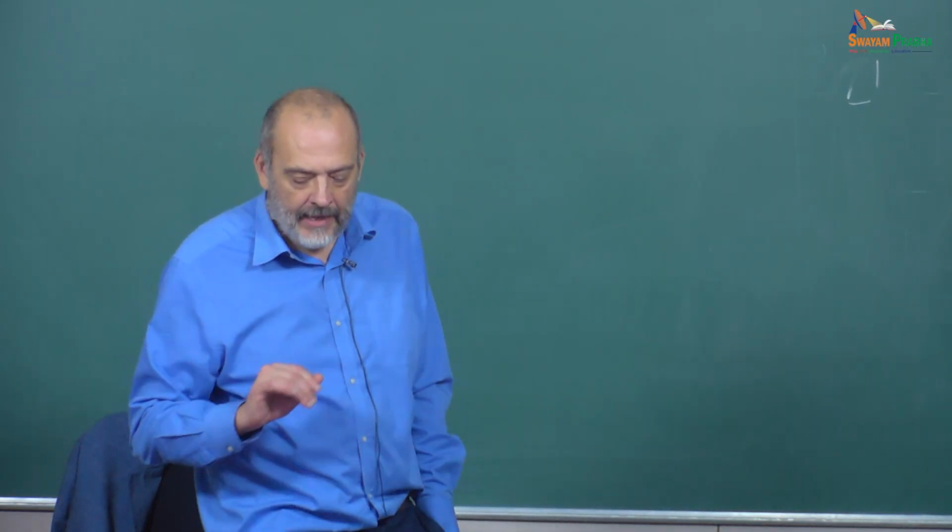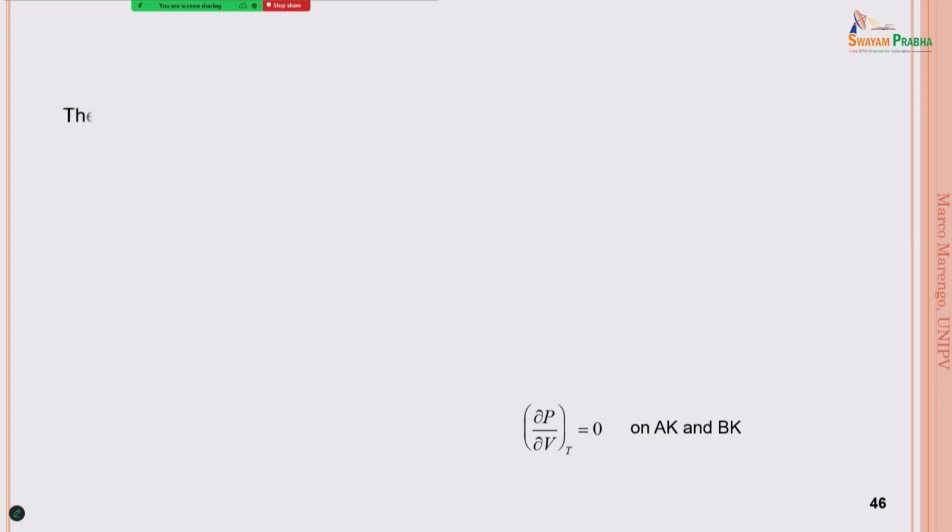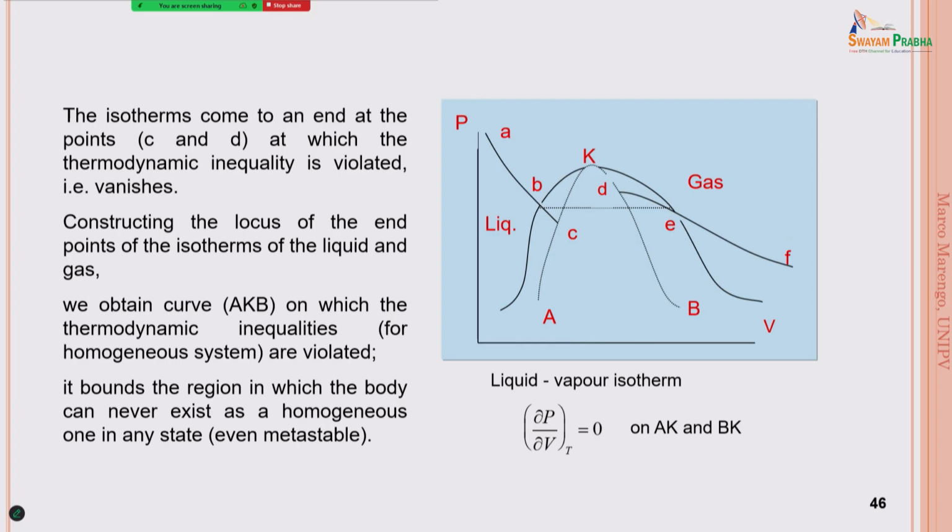Okay? The point is, can we continue? So can we go from C to D, where we can stop and so on? In fact, the point is that we cannot go beyond C, and if we are going from F to E to D, we cannot go beyond D. So this means that this region here is not reachable.